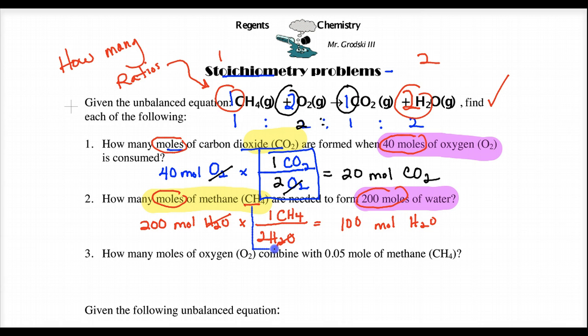Using the mole ratio somewhere in your problem makes this stoichiometry, where I give you information about one compound and you answer by another using these how many ratios. So we'll leave 3 blank, so you can do that one on your own.